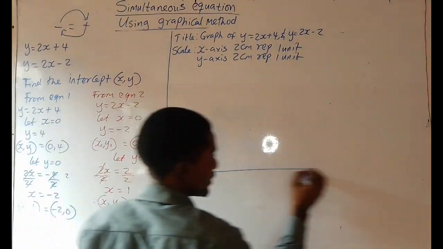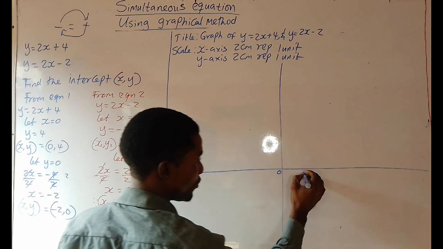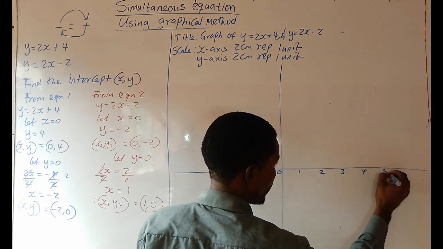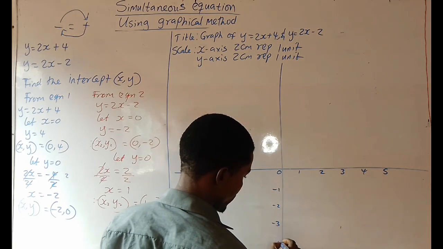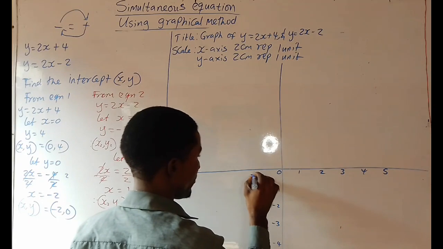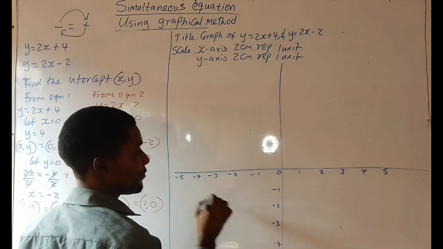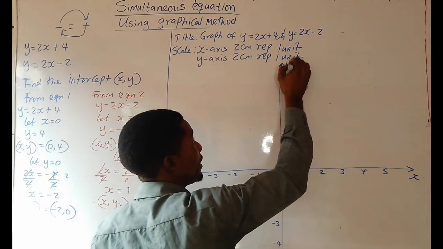So let's sketch our Cartesian plane. I have my 0, 1, 2, 3, 4, 5, minus 1, minus 2, minus 3, minus 4, minus 5 on both axes. This is my x-axis, and this is our y-axis.